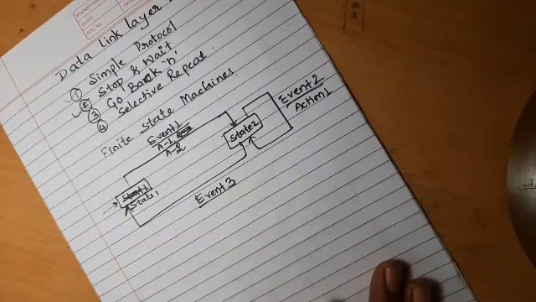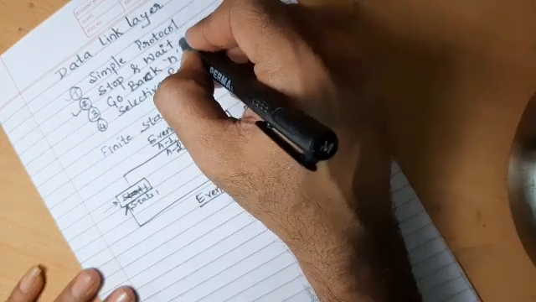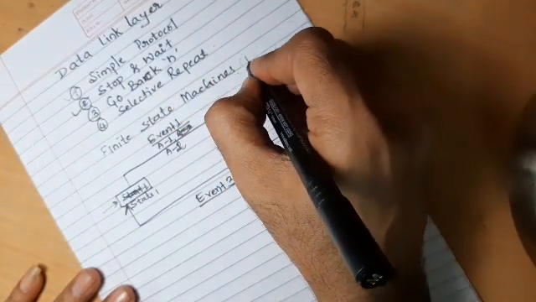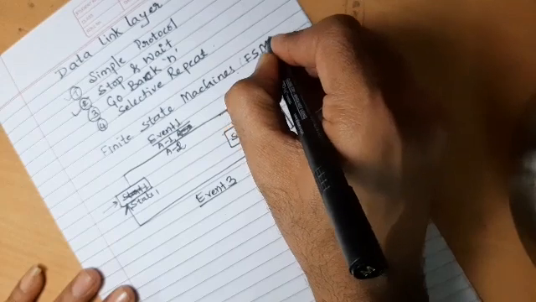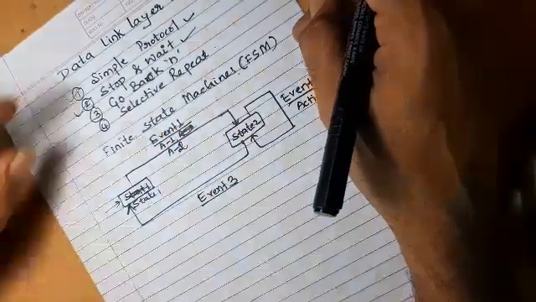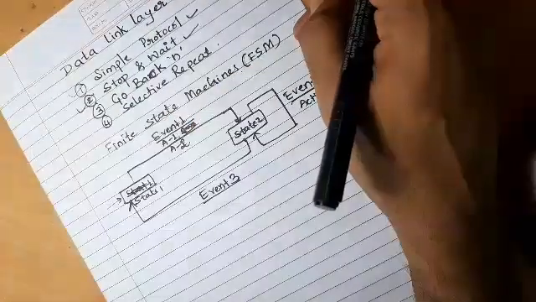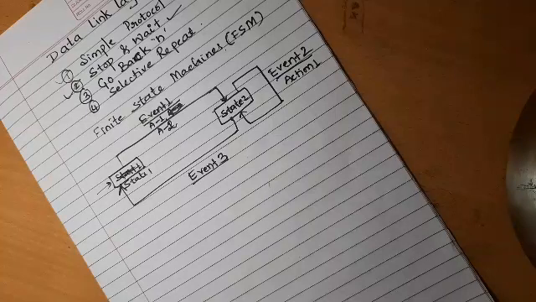Now, we will try to represent these two protocols in FSM form. Finite state machine, in short, is called FSM.